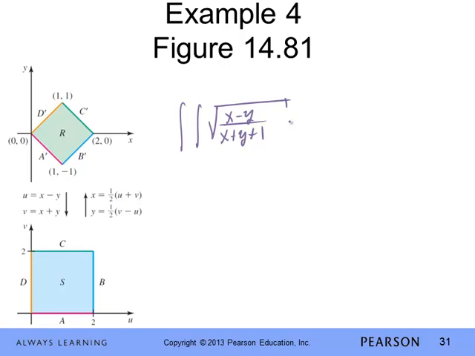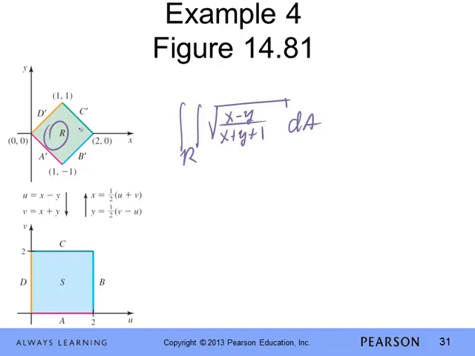All right, so it's pretty nasty, and we're supposed to integrate it over this diamond region, R. So how in the world can we do that? We would probably have to do 2 separate double integrals, unless we did a substitution.